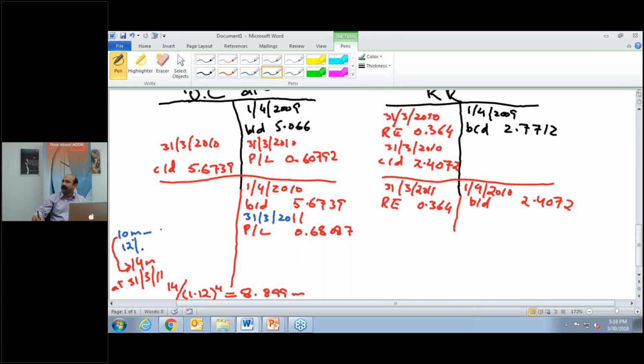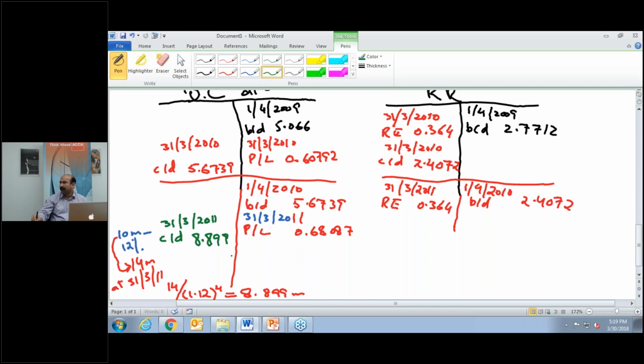So this means this is the closing balance at 31st March 2011 after this revision, 8.899. Both sides should balance.